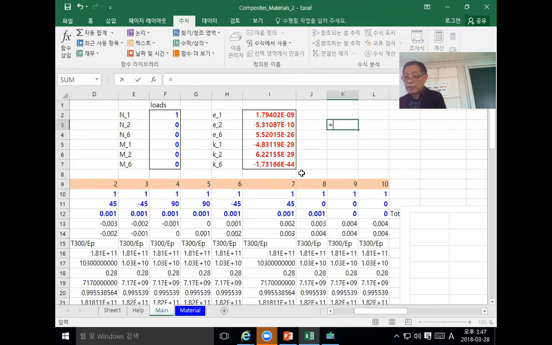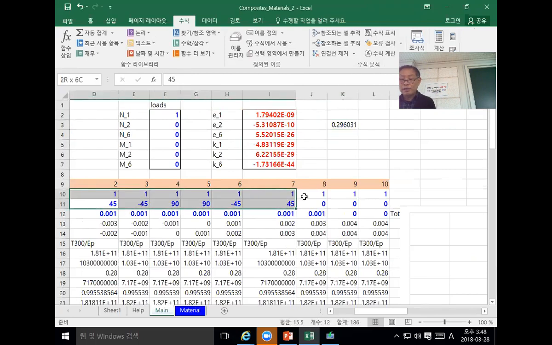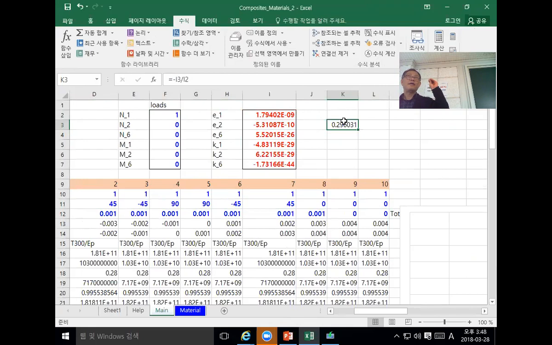If you look at this ratio, this divided by this, what is this? This is the Poisson's ratio of a laminate. The Poisson's ratio, you always have a minus. Okay? So, this is a quasi-isotropic laminate. This is the Poisson's ratio of this laminate.